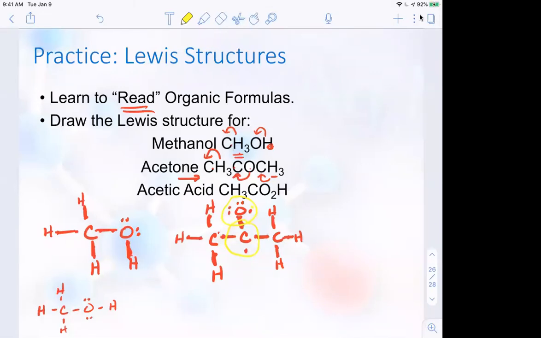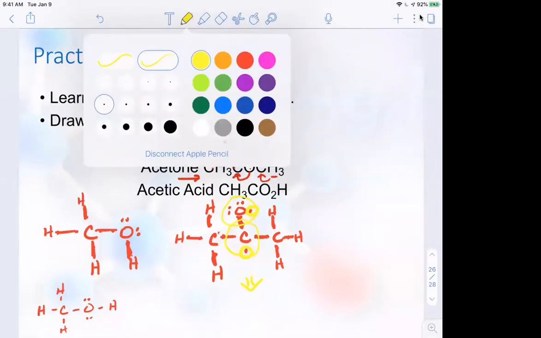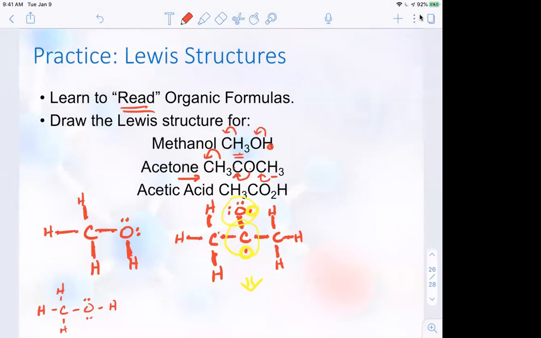But notice I have this and this, right? So if I combine those structures into a double bond, what I'm going to get is this. And that is going to be the Lewis dot structure for acetone.